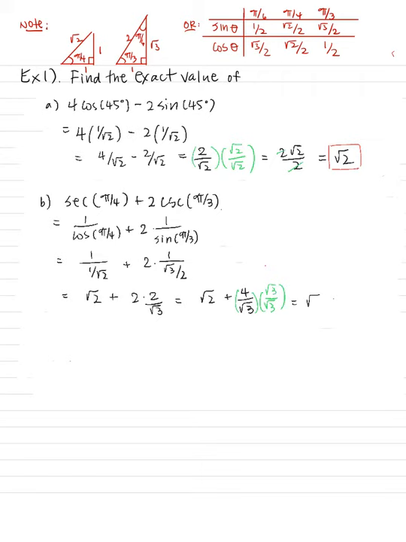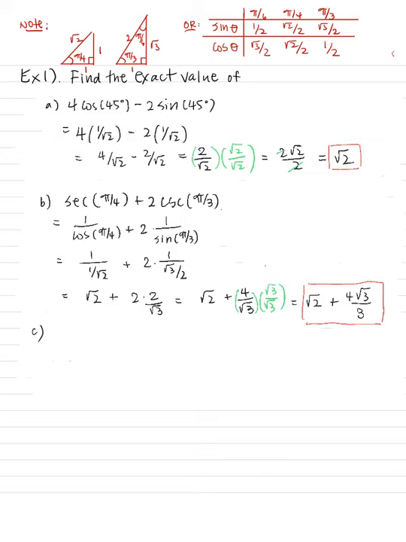So looks like our answer is going to be square root of 2 plus 4 square root of 3 over 3. Leave your answer in exact value like this. All right, so that was example B. Let's do another one. More practice we get, better we're gonna get at it, right?